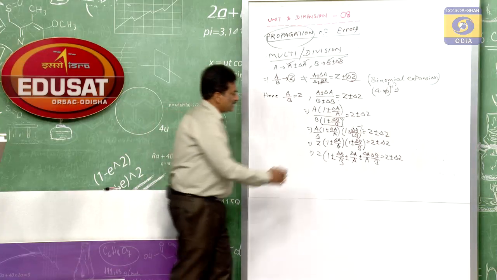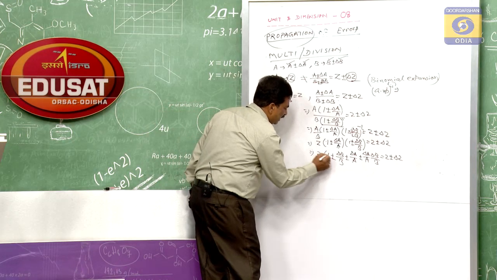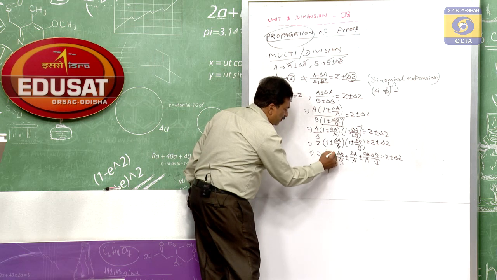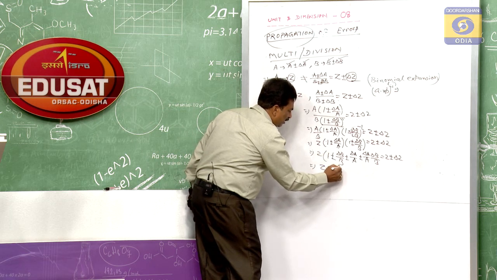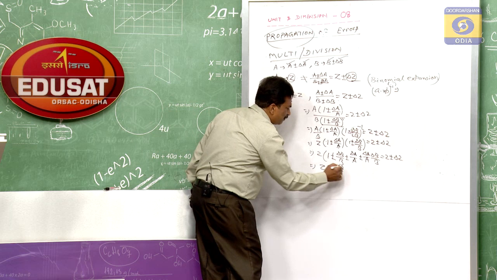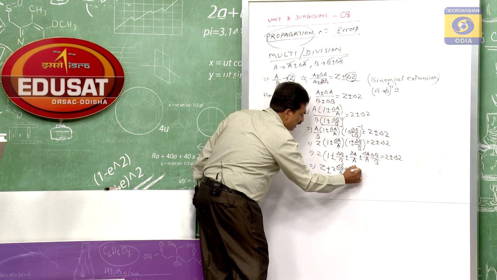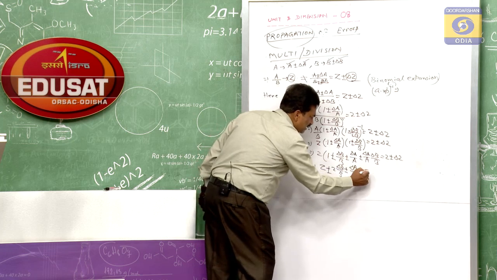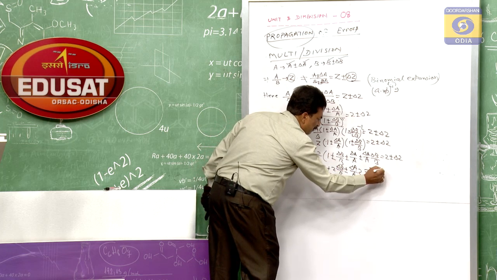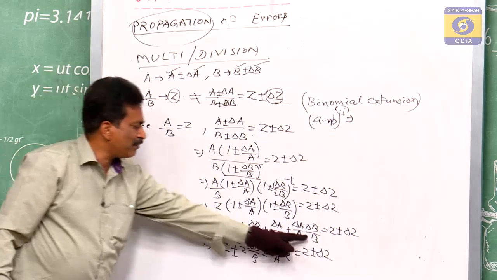Are you clear, my students? Now you multiply with the z. So this is equal to z plus or minus z of del b by b, then plus or minus del a by a into z, and this is equal to z plus or minus del z.